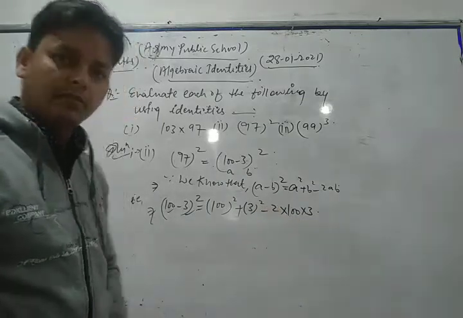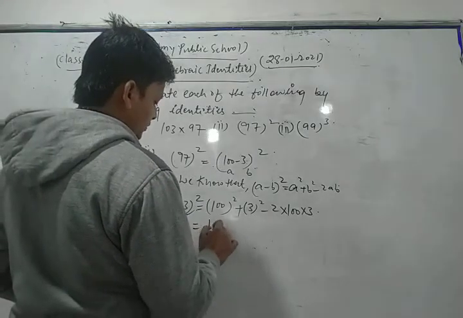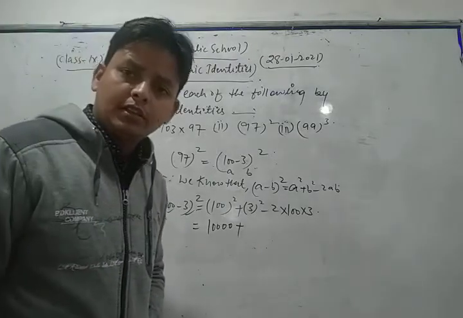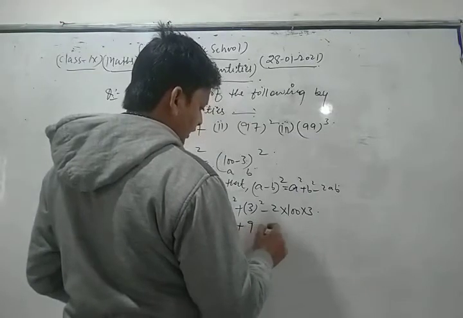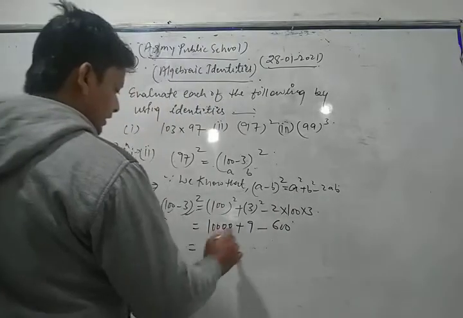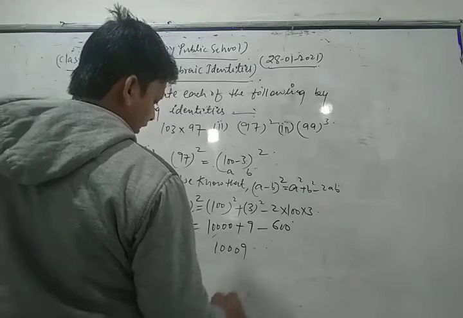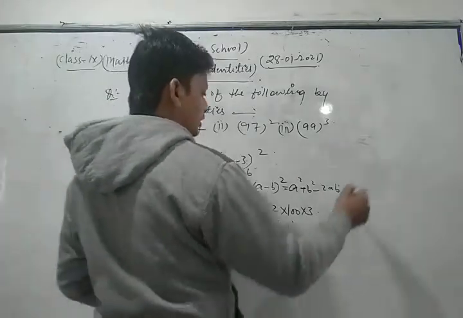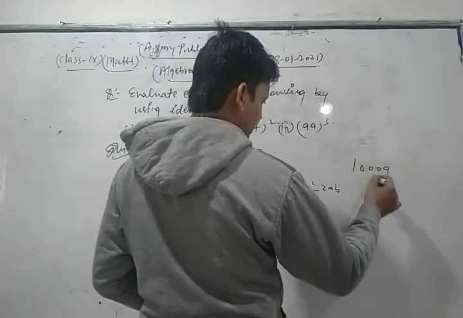Now we simplify them. We can write 100 square as 10,000, plus the square of 3, which is 9, minus 2 into 100 into 3, which is 600. Now we add and subtract: 10,009 minus 600.